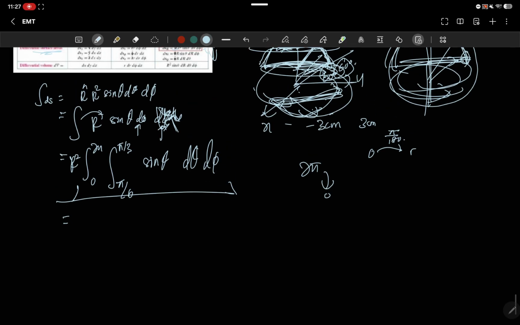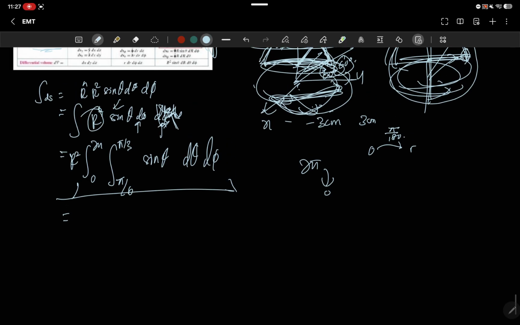This is the original equation, and we remove the constants outside. Now it became as such. We need to find this first, like a function within a function. Now r squared, we know that r is 3 centimeters, 3 squared is 9. Now we just leave the 2 pi here. Sine theta, we need to integrate sine.